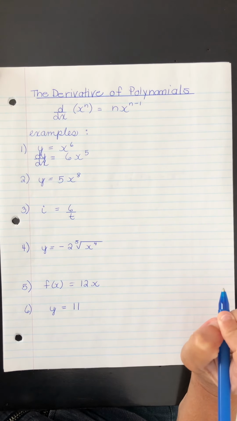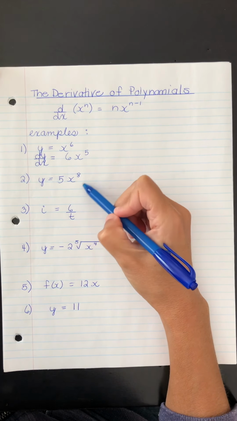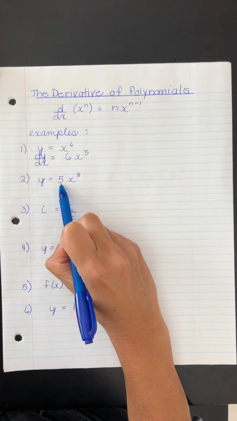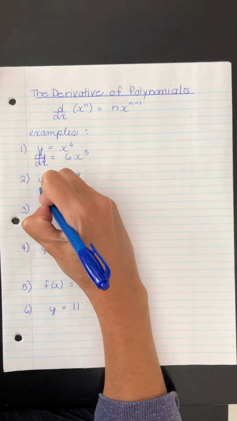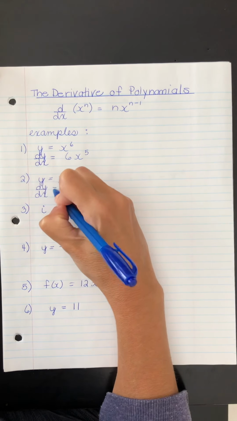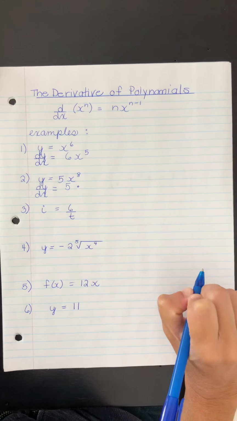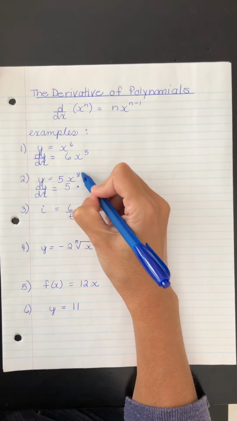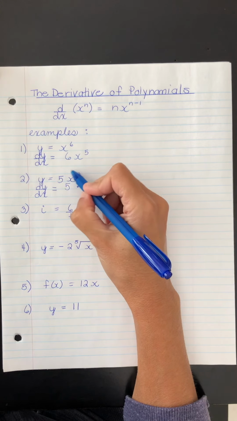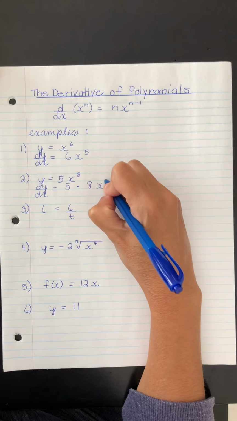And that's it. So here's a second example, which is similar, except we have a coefficient 5 here already. Dy by dx is formed by taking 5 and multiplying it by the derivative of x to the 8, which of course is 8x to the 7.